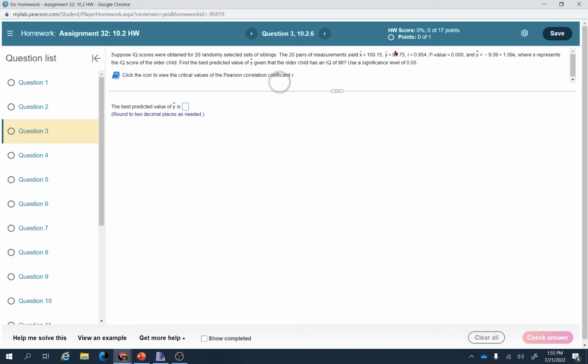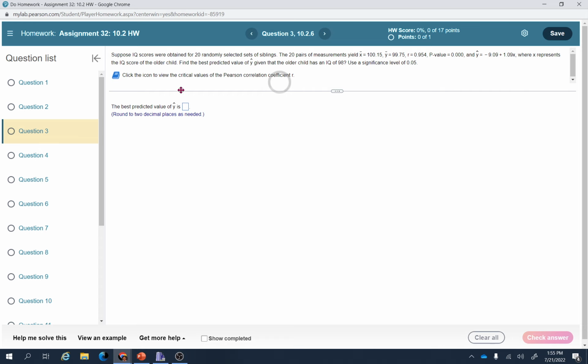Y bar, the mean of the Y values, is 99.75. R is the correlation coefficient we were given in section 10.1, which is 0.954. The P-value is 0, and this is the regression line. You understand? This is the regression line, which we are already given.